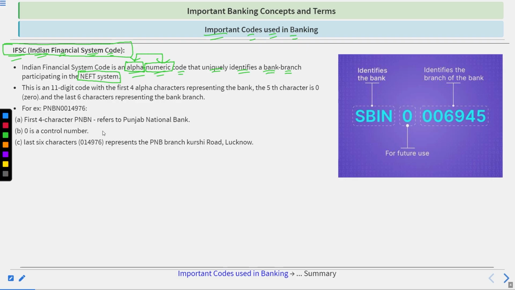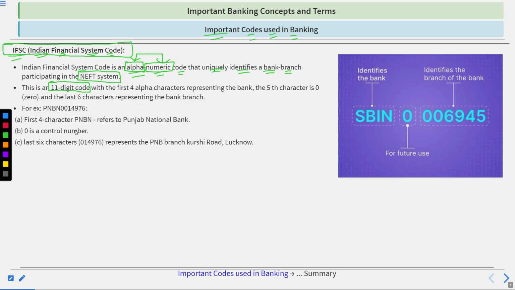If any bank uses NEFT for facilitating transactions for customers, then that bank must have its own IFSC code. So how many characters does it contain? It contains 11 characters, which is why it is regarded as the 11-digit code.